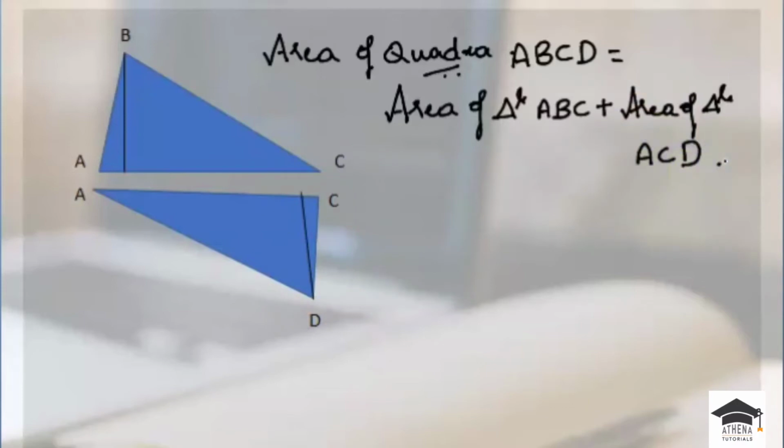Right. So first let us find the area of triangle ABC.